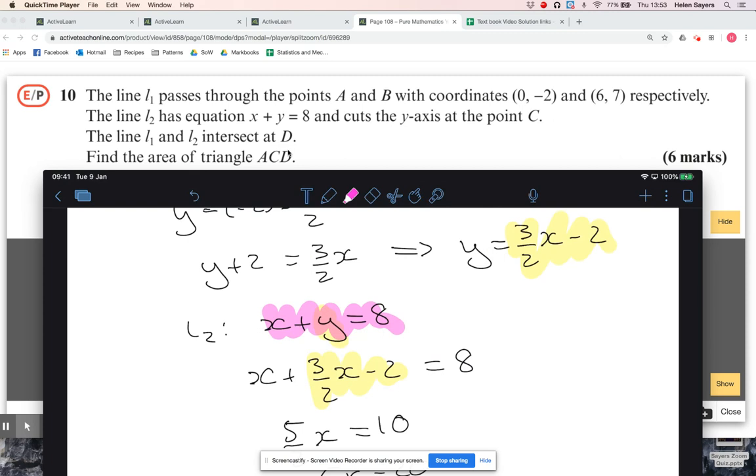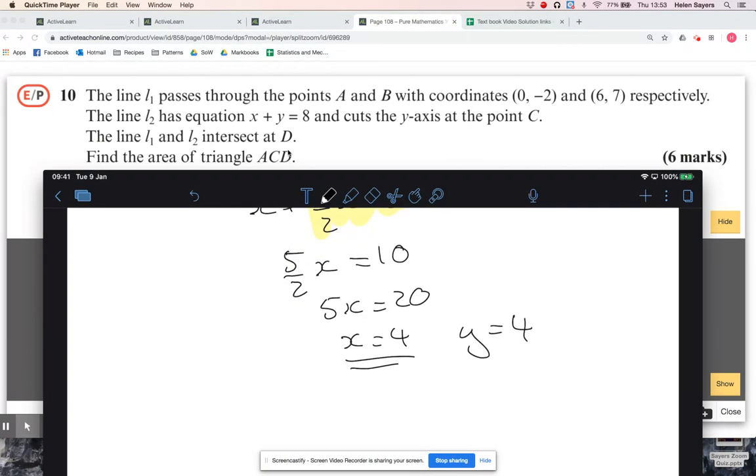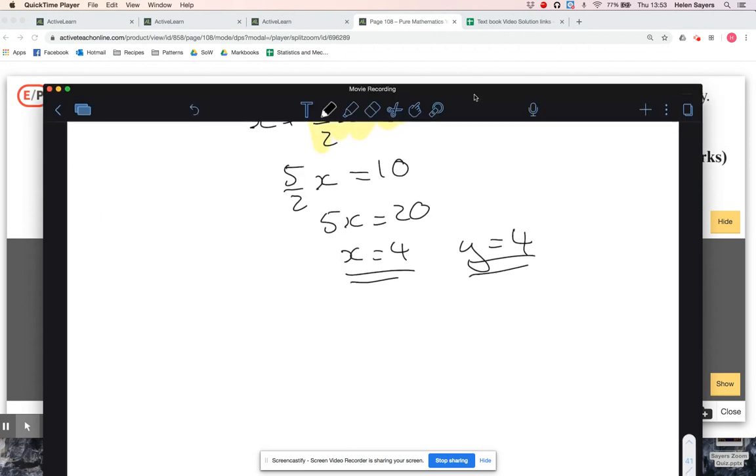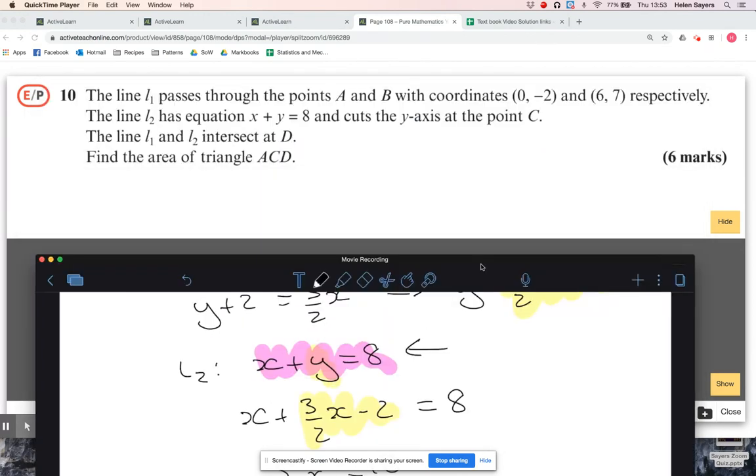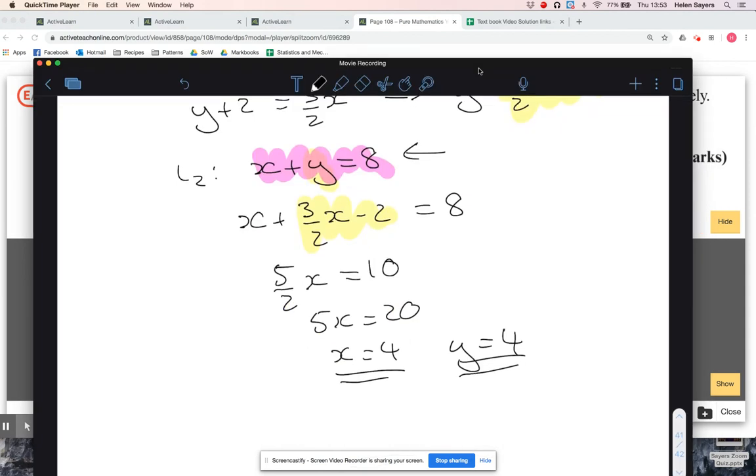If x is 4 and x plus y is 8, then y is 4 as well. All I've done there is look at that equation and say, if x is 4, y is 4. Okay, so that's the coordinates D. So D is 4, 4.